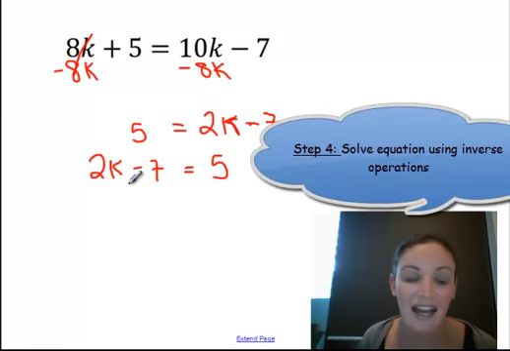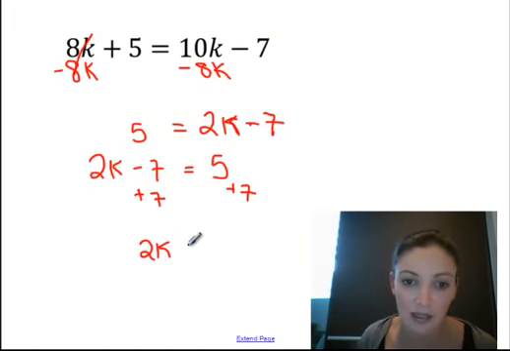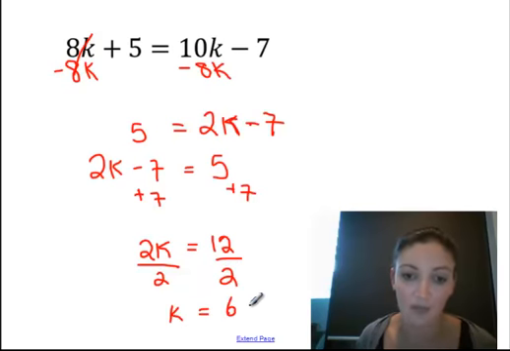Okay, and now I'm going to solve like I normally would. 2k - 7 = 5, so I'm going to add 7 to both sides. On the left-hand side, I'm just left with 2k. And on the right-hand side, 5 plus 7 is equal to 12. And then divide each side by 2 to work out what k is. So in this case, we get k = 6.